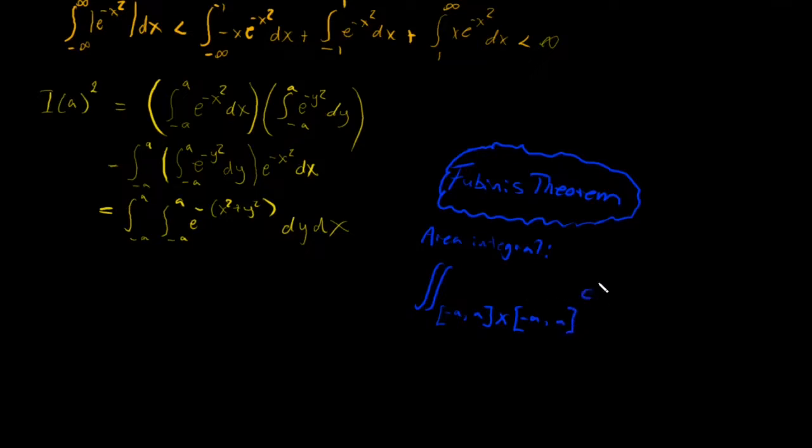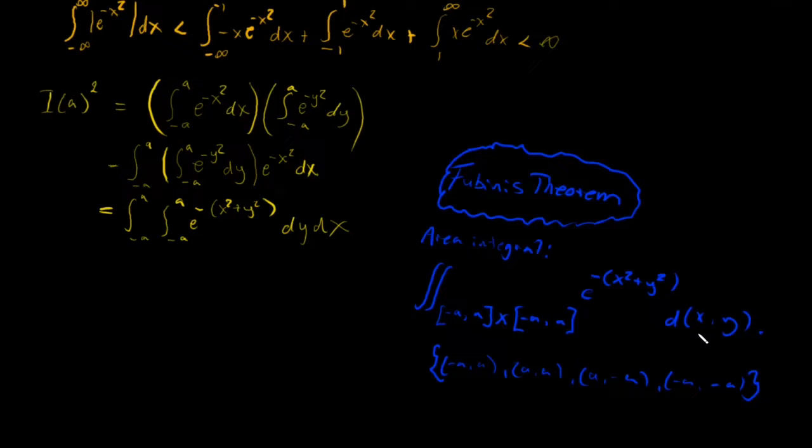So this is equal to the exact same thing, but instead of having an upper and lower bound, you introduce an area, and instead of dy dx, you have d of x and y, taken over a square with vertices a and a, a and negative a, negative a and a, and negative a and negative a in the xy plane.